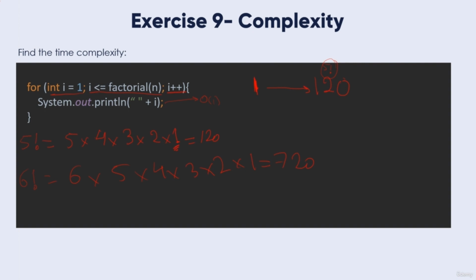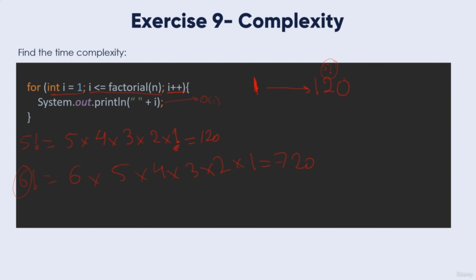Therefore, this execution depends on the factorial of n. If we enter n equal to 6, it will result in 720, and for n equal to 5, it will result in 120 times execution of this statement.